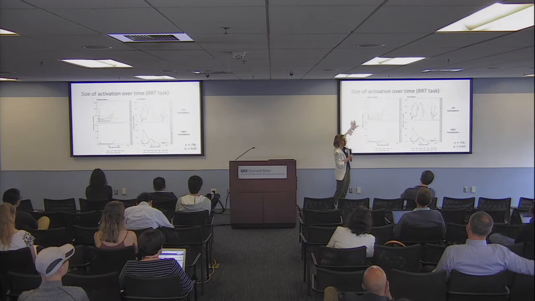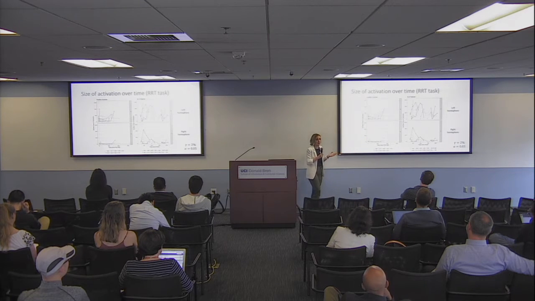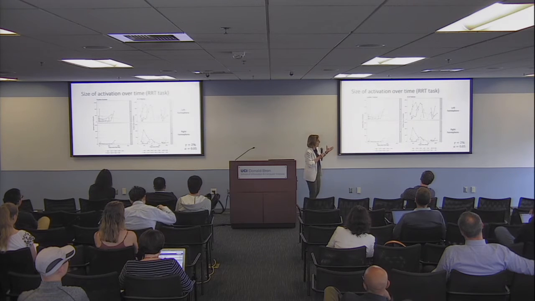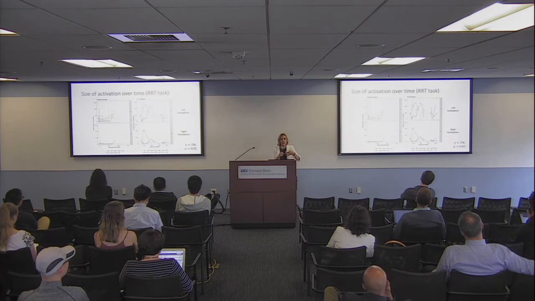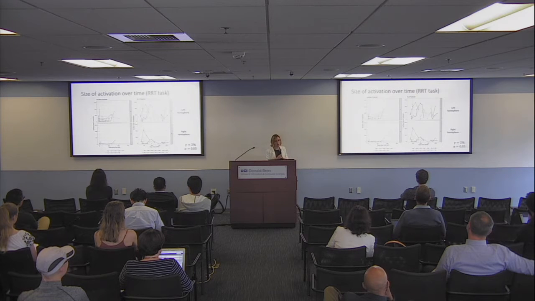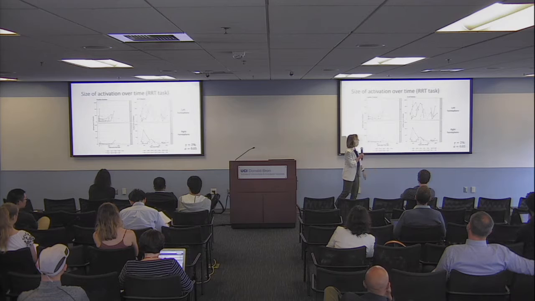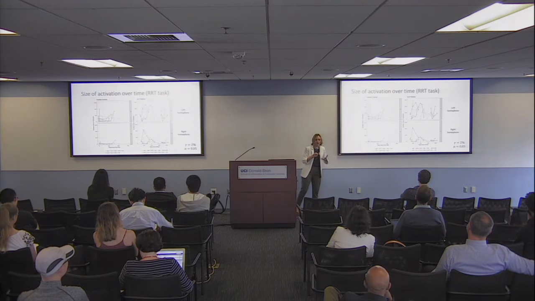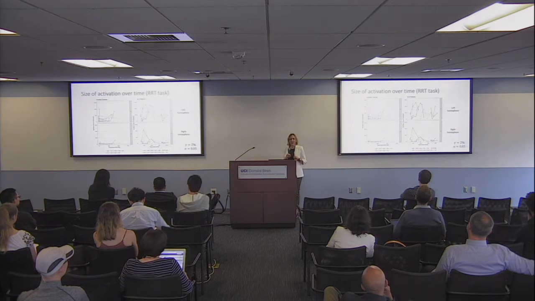Within the left hemisphere, we're expecting to see activation. Within the right hemisphere, we really don't expect to see any activation for this task. With the ALS subjects, we see a lot of things happening. We see overcompensation, and then we also start to see some complete loss of motor function. So you see this kind of inverted U shape for some of the ALS subjects. We're also seeing in the right hemisphere what's called lack of inhibition.